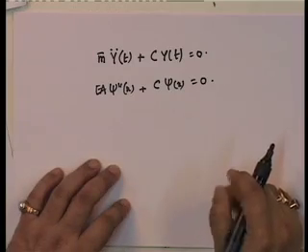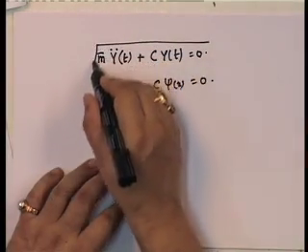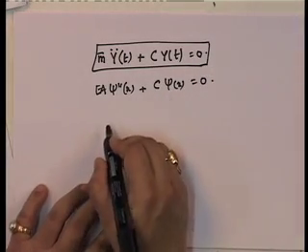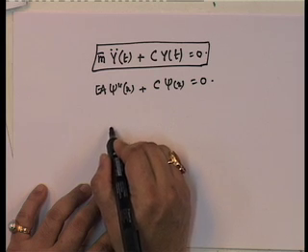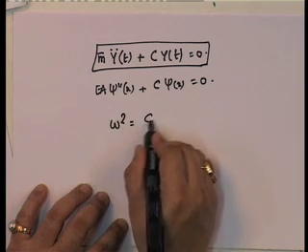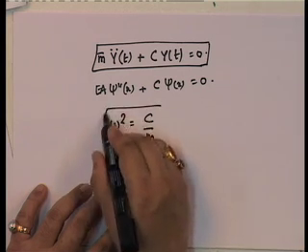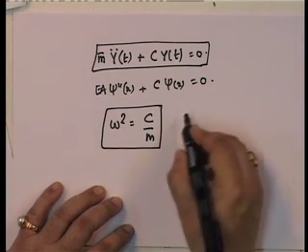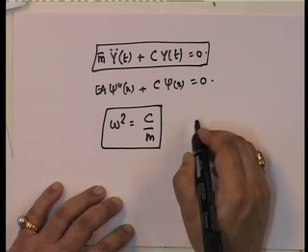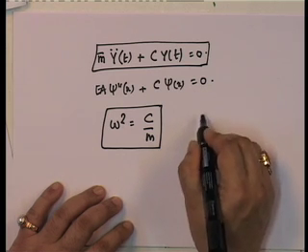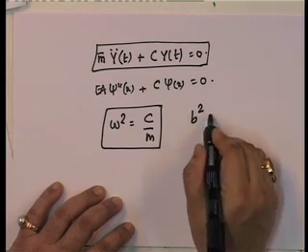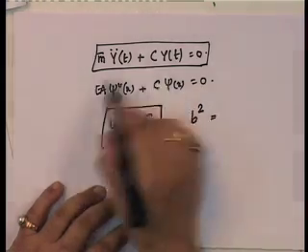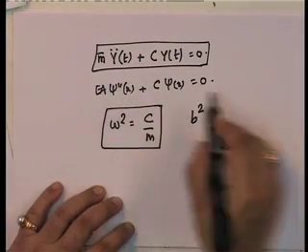Now if you look at this, what does this give me? It says that omega squared is equal to c upon m bar. Fundamentally I will call it another term b squared, because this is again the same kind of a problem as this, excepting that it is a function of x.